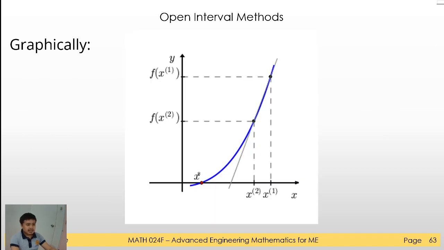So graphically, how do we represent this iteration scheme or this root finding algorithm? So Newton-Raphson finds the tangent line, but the secant method finds the secant line. So this tangent line can be approximated through numerical derivative. So instead of a tangent, we have this secant line that intersects our curve at two points.